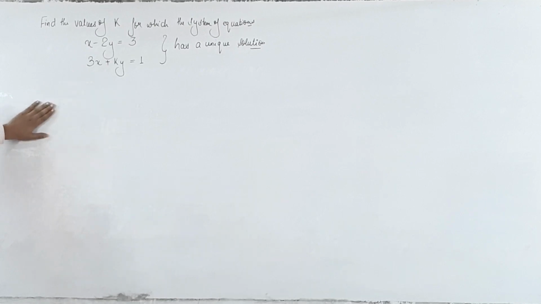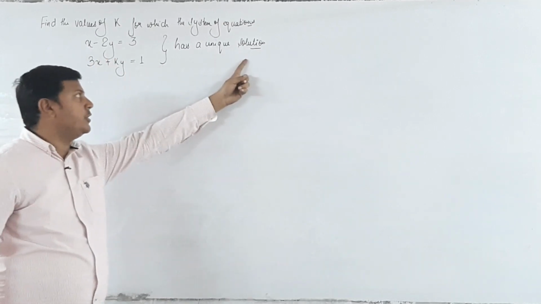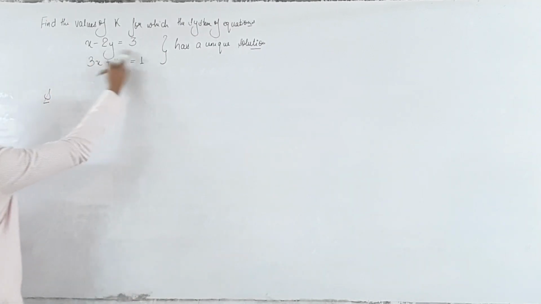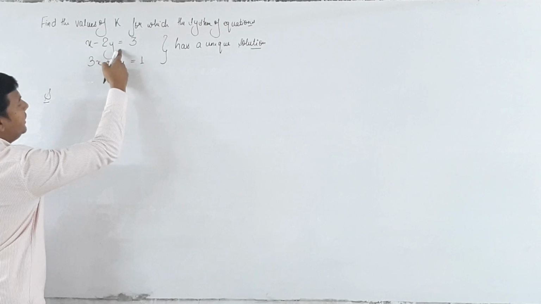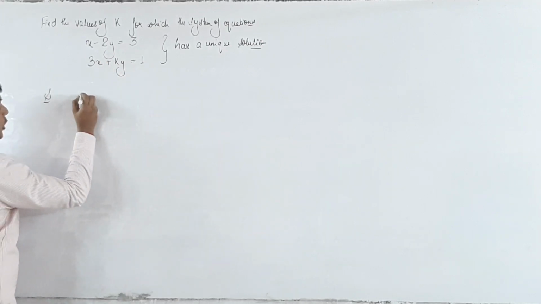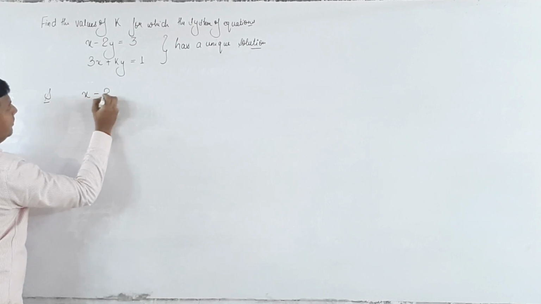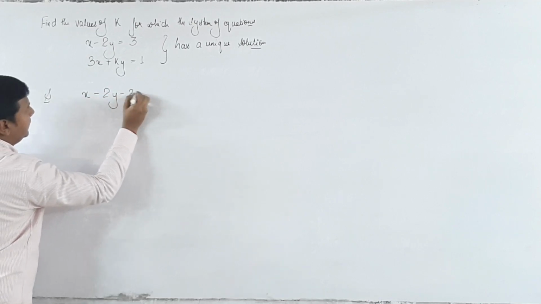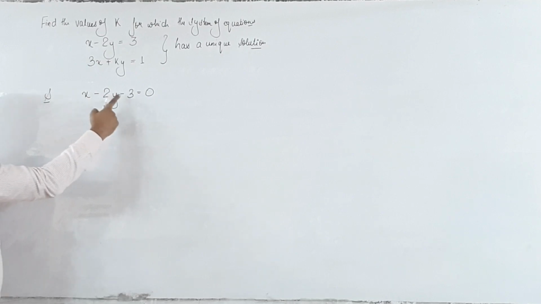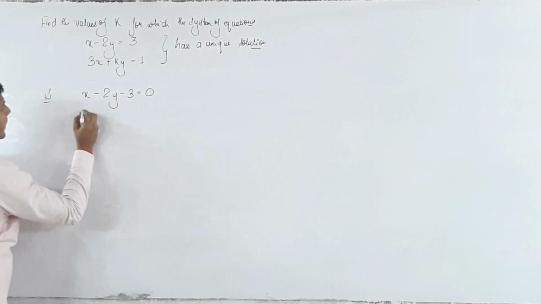So in the above question, we see that the given equation has a unique solution. First of all, we see that the equations are not in the right form, because the right form is a1x plus b1y plus c1 is equal to 0.